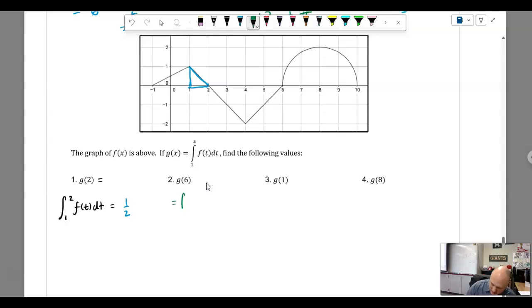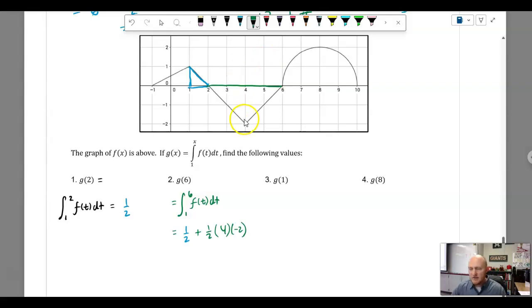Number 2, g of 6. G of 6 is the integral from 1 to 6 of f of t dt. Here I have another triangle, but this triangle is below the x-axis, so this is going to be a negative area. So I have 1/2 plus 1/2 with a width of 4 and a height of -2.